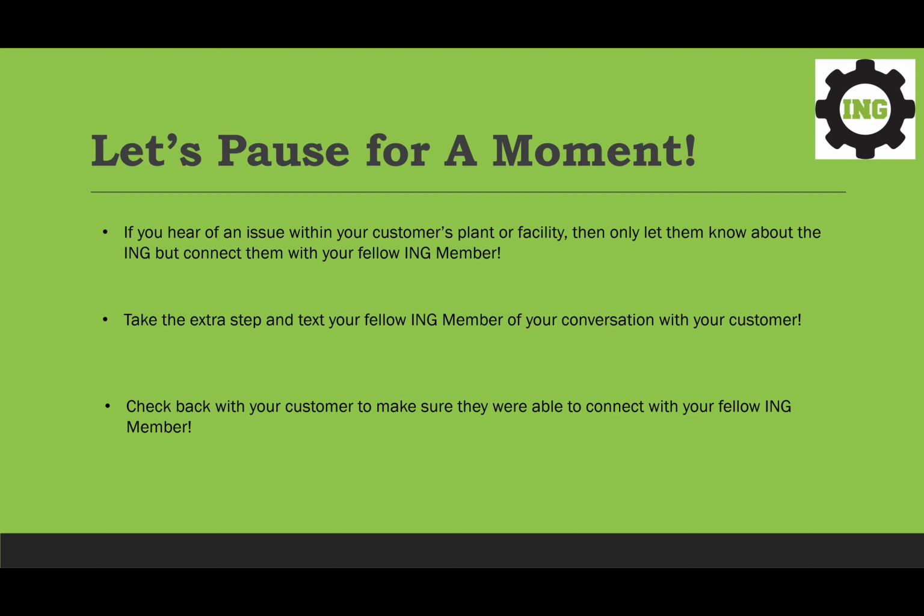You may want to shoot an email to your client and include your other members' information and copy that member. Be proactive and don't just provide a name. Go that extra step for your fellow member and either take him to a meeting with you or set up a call where you can be on the call with them, shoot an email and provide that information and copy your fellow member. Take that extra step.